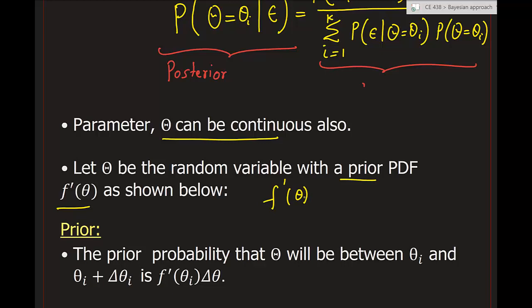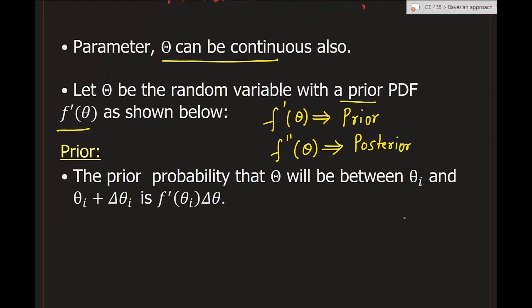So this is the prior distribution of theta. Similarly we will use another symbol, f'' theta. When we use a single dash, that is for the prior, and when we use a double dash, that means we are using it for the posterior distribution.